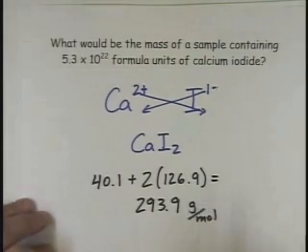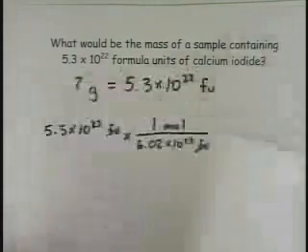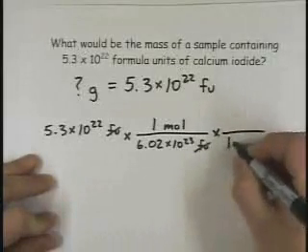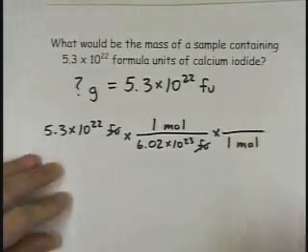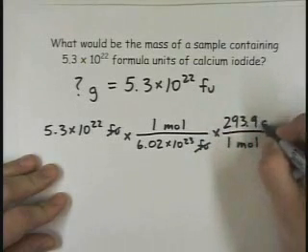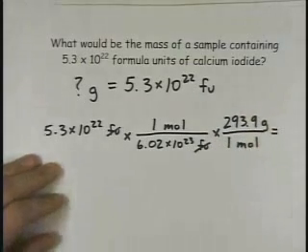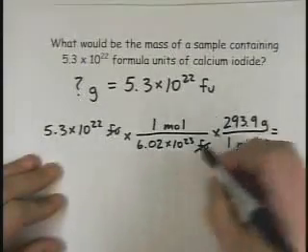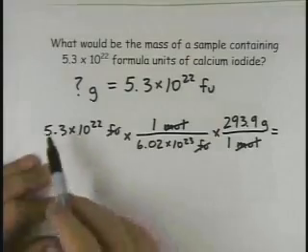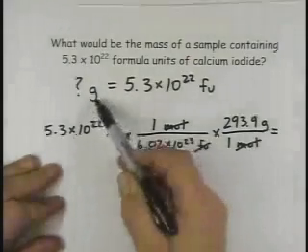So if we're using grams and moles, the units of the problem tell us that 1 mole goes on the bottom and 293.9 grams goes on top. The moles cancel, and we're left with grams on the top.